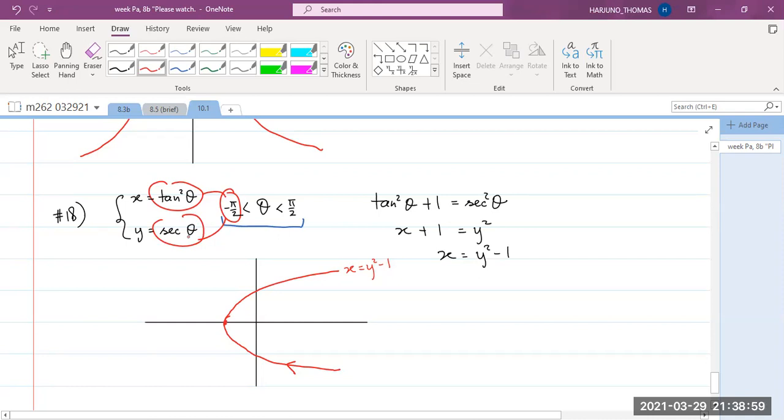Hold on. Yeah, negative infinity, right? When theta equals 0, it's here. Why don't I feel this is right? I feel something is not right, but I cannot really tell what it is.